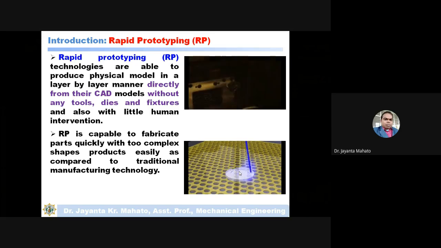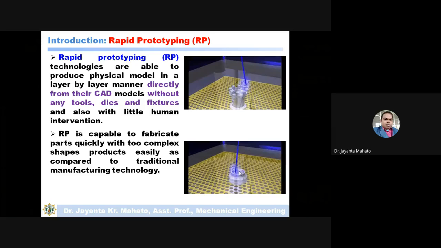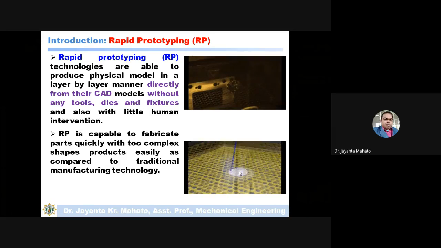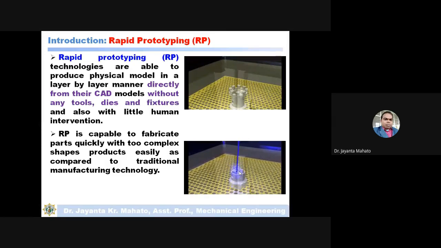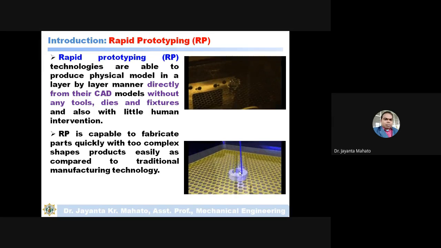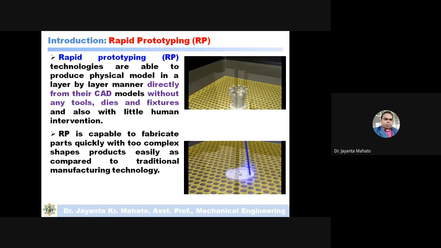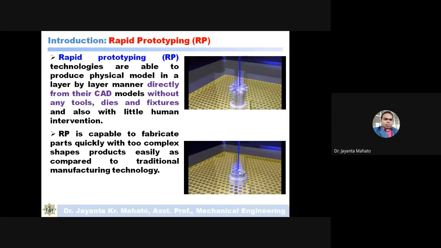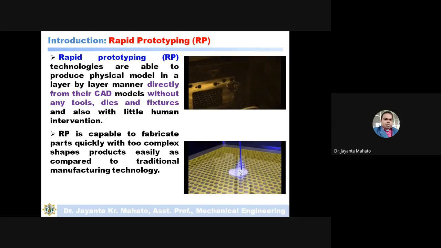These are actually additive manufacturing processes. In traditional manufacturing processes, some complex products cannot be manufactured, but in rapid prototyping, very complex geometry products can be manufactured.